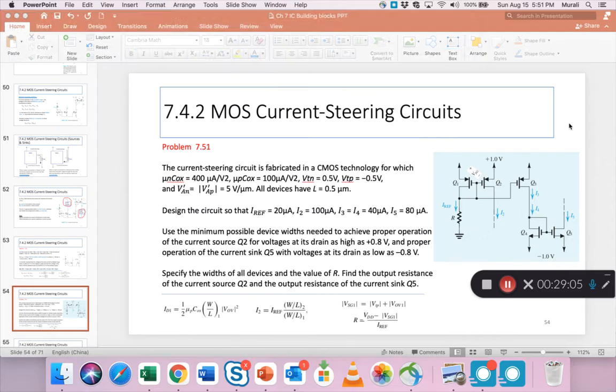Okay, so almost the same as the previous example, but I wanted to do both examples because I can tell you from an exam point of view, you can expect a problem like this to appear. This is the heart of your whole MOS current mirror, current steering logic, and it's so important because you'll use it in all of your electronics courses in the future also.